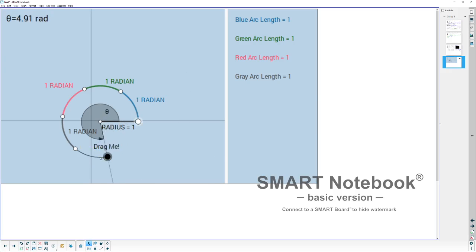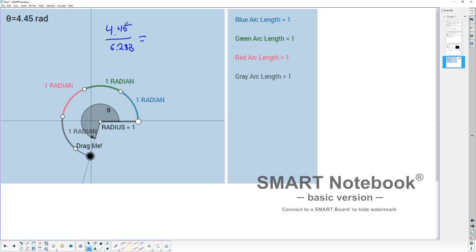And if we wanted to trace back to here, we could do that proportion one more time just to check how many degrees that is. So that would be 4.45 out of 6.283. And of course, we're approximating. Again, this is approximate up here too, because he's truncated at just 2 decimals, equals x out of 360.